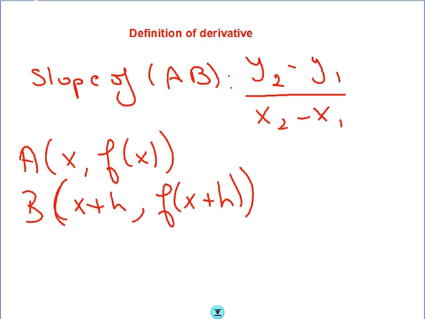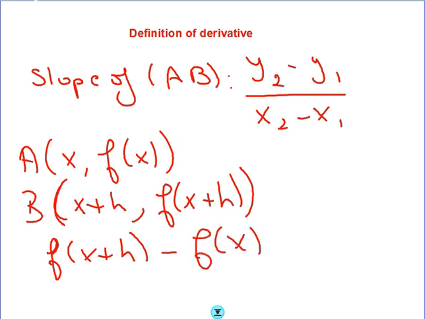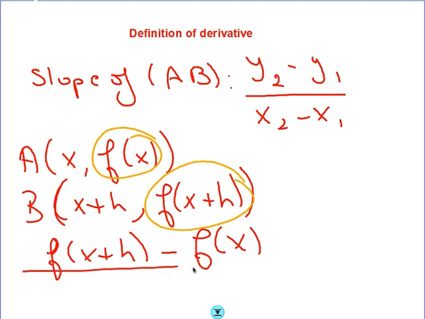So I will get f of x plus h minus f of x. So I'm subtracting the y values here, over x2 minus x1. So it means x plus h minus x.